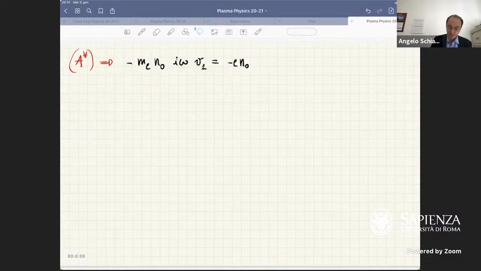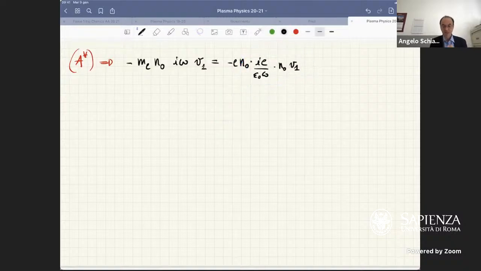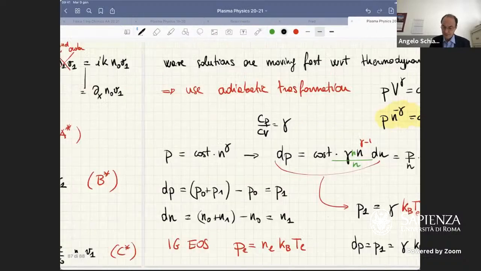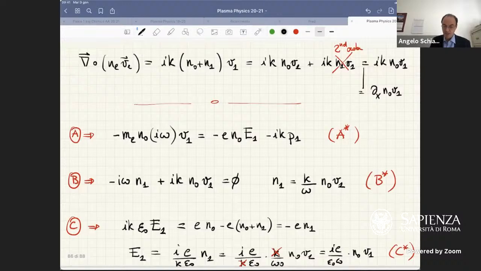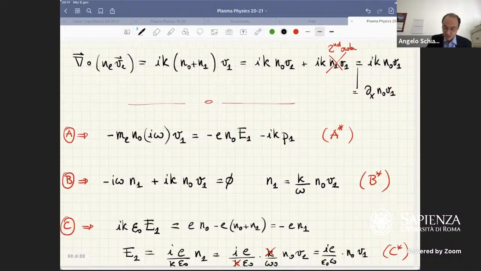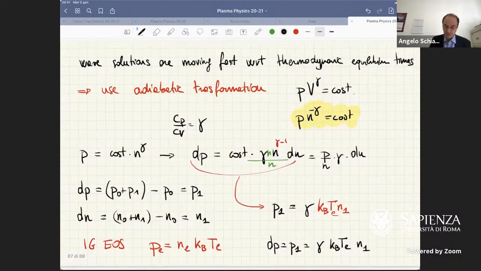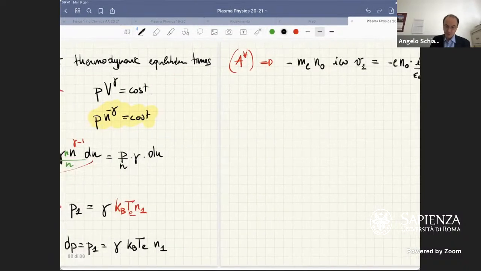Sometimes with such a rather long derivation it would be much easier to have the blackboard as we used to have in our lecture hall, instead of flipping here and there between equations. And then I need the last term, which is minus ik times P1, and P1 we just got from here.